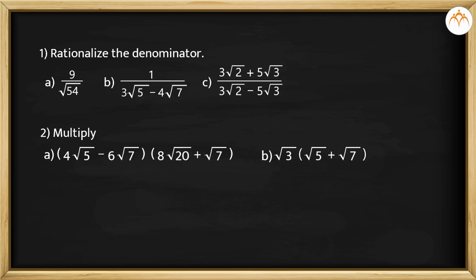Multiply. (4 square root of 5 minus 6 square root of 7) multiplied by (8 square root of 20 plus square root of 7). Square root of 3 multiplied by (square root of 5 plus square root of 7).